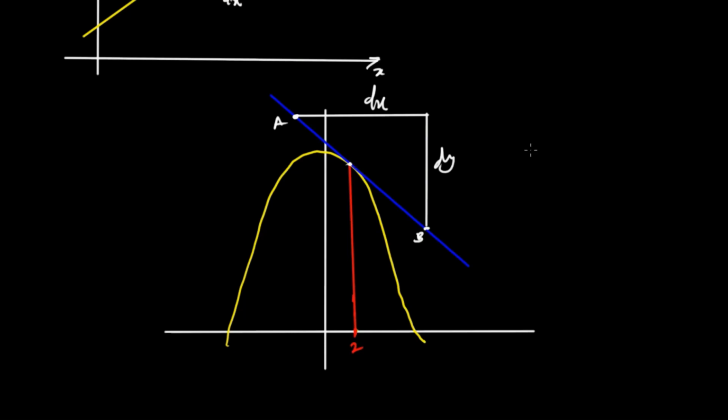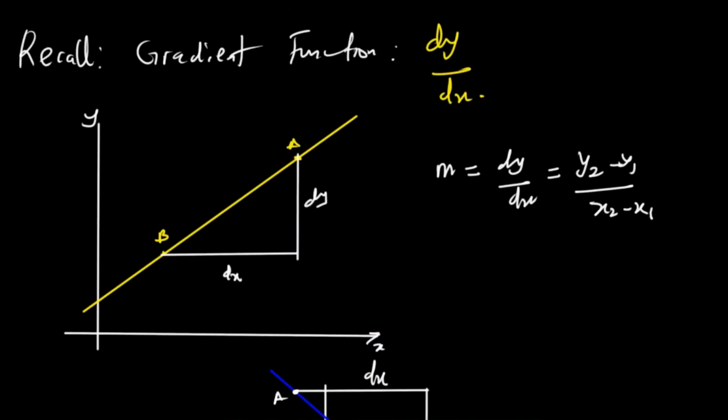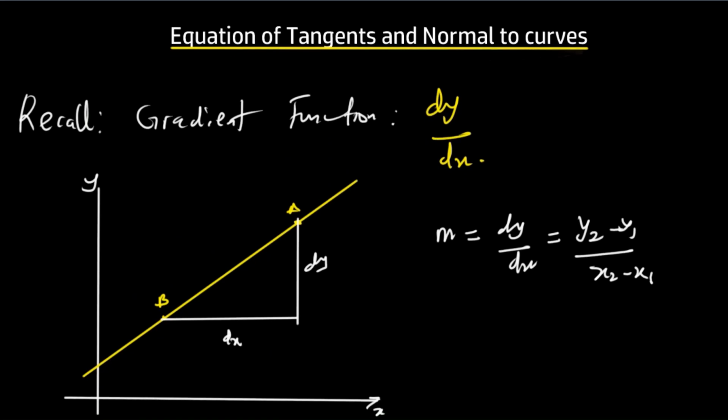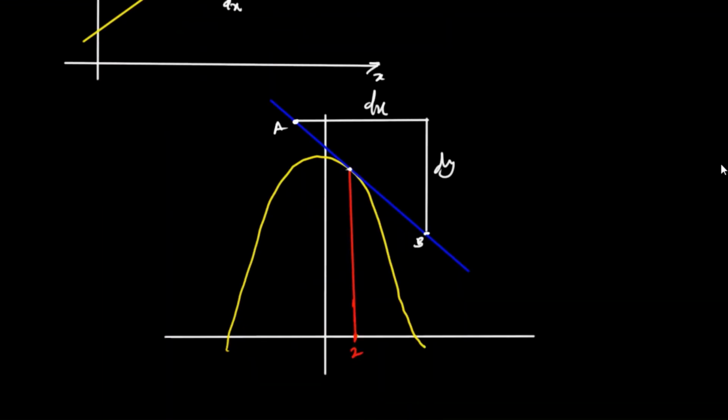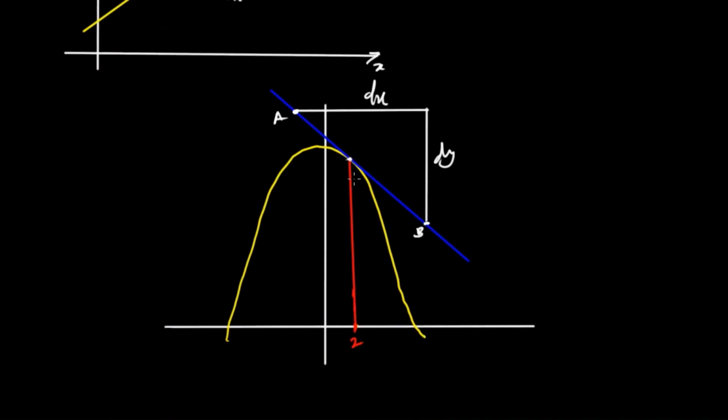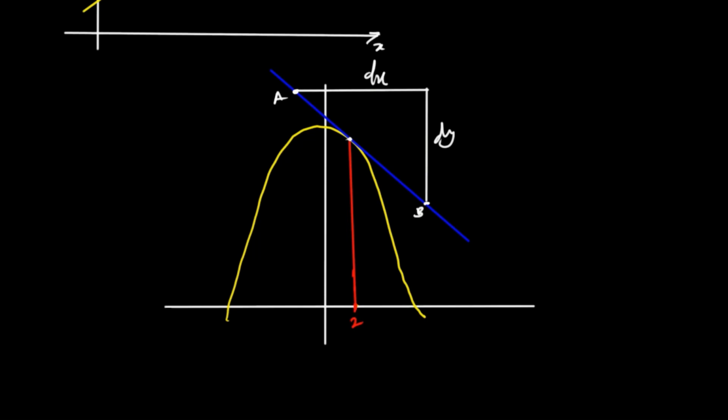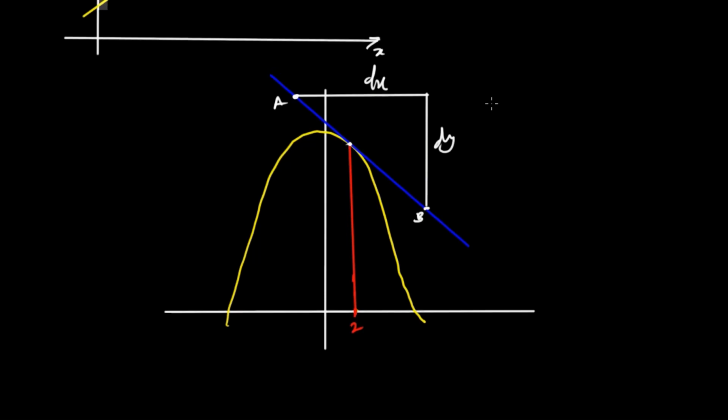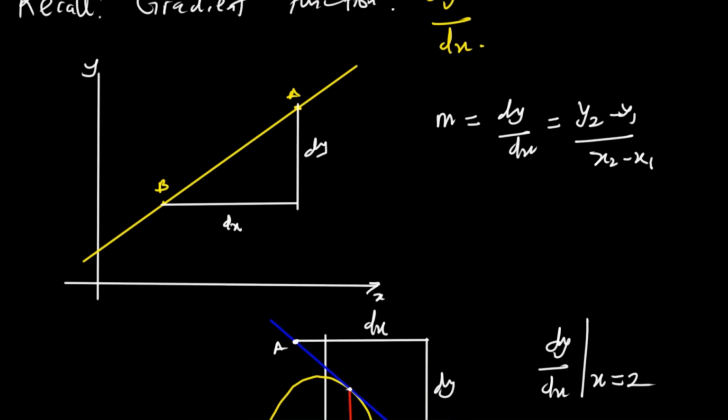We are going to be using these two facts to calculate the equation of tangent and equation of normals to curves. So if I'm to write the expression of this gradient, it's going to be dy over dx at the point x equal to 2, because the gradient at each point is going to be different, unlike the straight line that has a general slope.